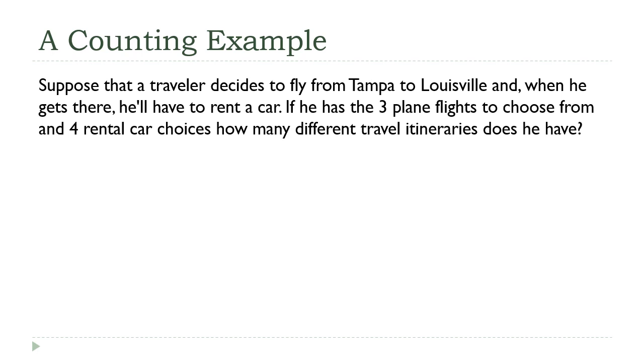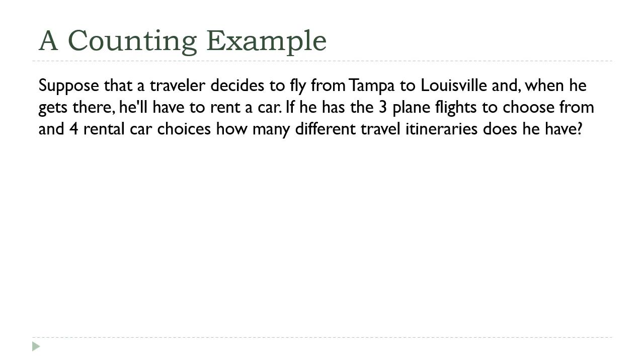Here he has two choices to make. He has to choose a plane flight and he has to choose a rental car. And what I want to know is what is the total possible number of itineraries that he has to choose from?